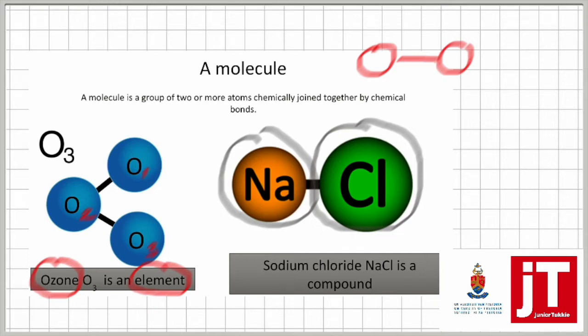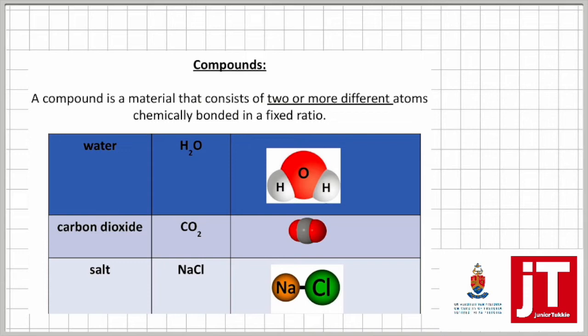It is bonded in a ratio of 1 sodium to 1 chlorine atom. And this is known as a compound, when we have different atoms from different elements bonded to each other. Let's have a look at the concept of compounds in more detail.